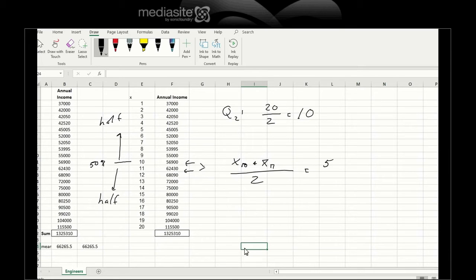So 56,900, which is x10, and 62,430, which is x11, and average it.